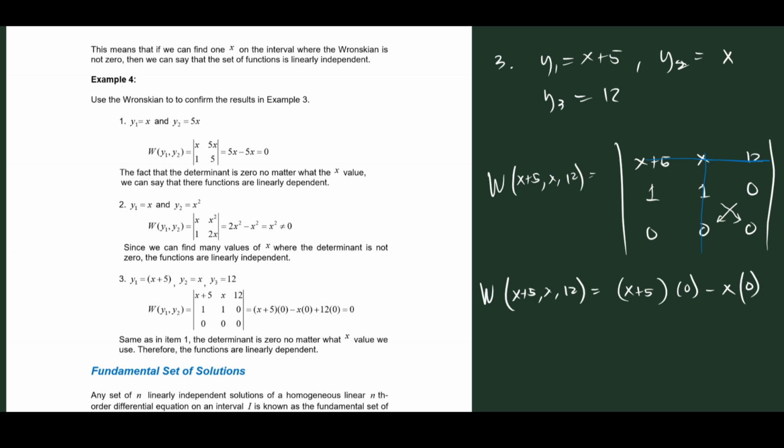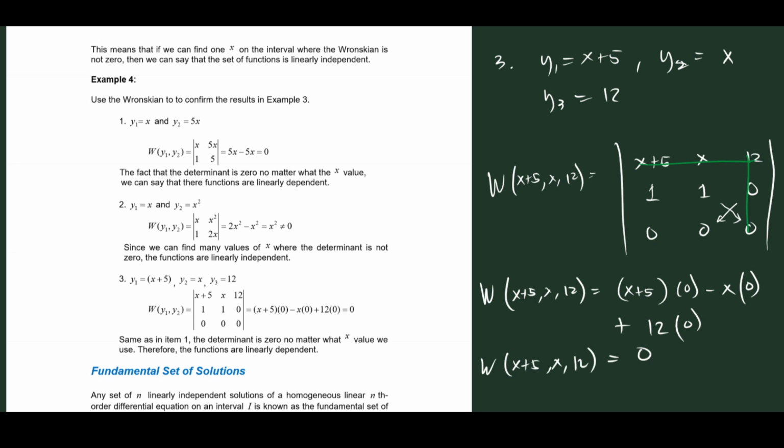So that would be 0 also. Then plus the last one, that would be 12 multiplied by 1 times 0 minus 0. So that would be 0 as well. So this is equal to 0.